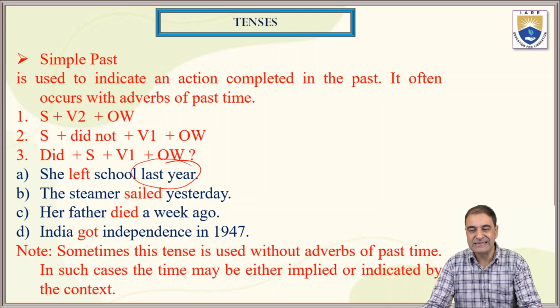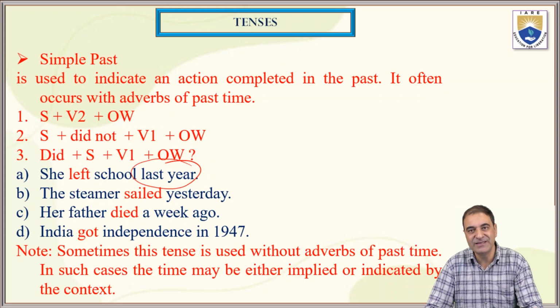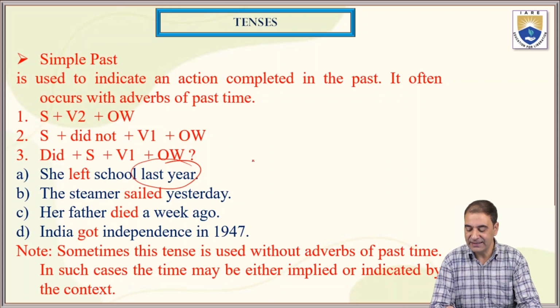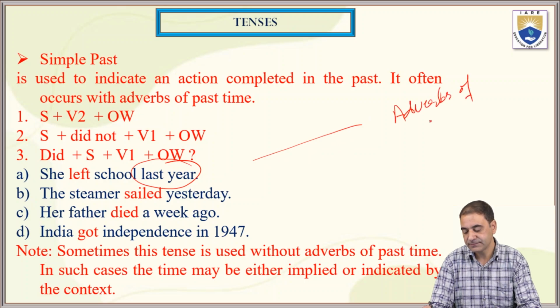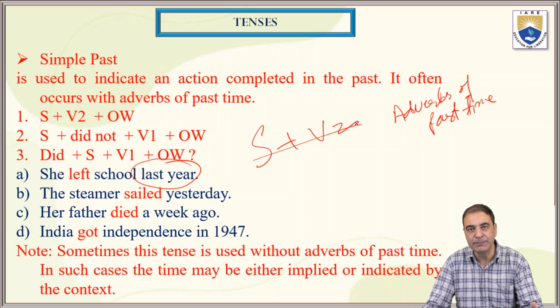If you find a sentence that ends with adverbs of past time like last year, yesterday, a week ago, 1947, or any date, and these adverbs of past time are not preceded by since and for, there you have to use subject plus verb in second form. That means simple past tense.